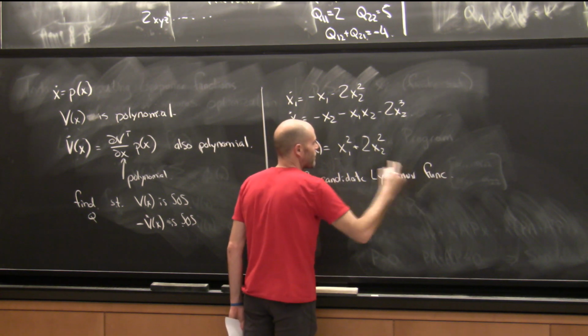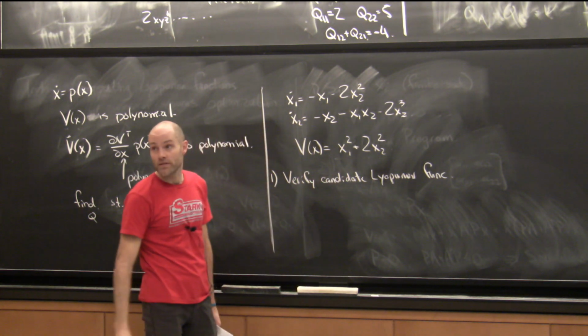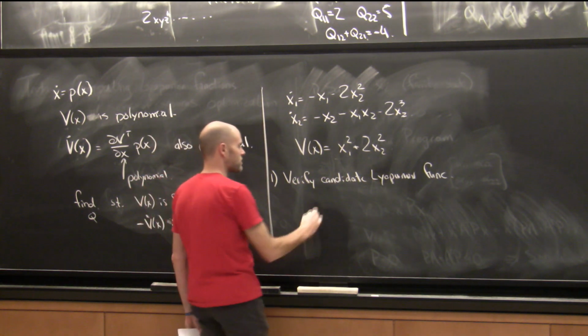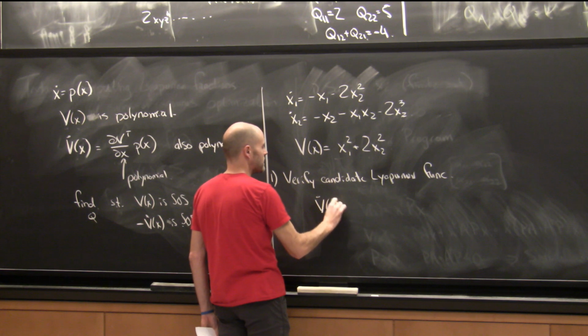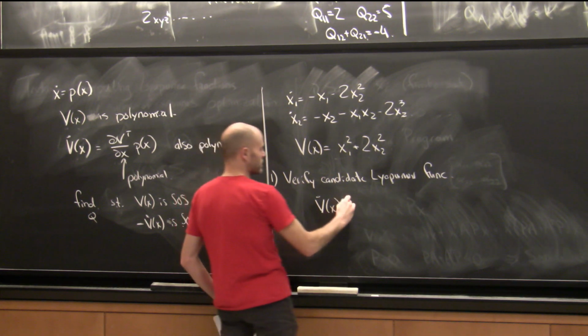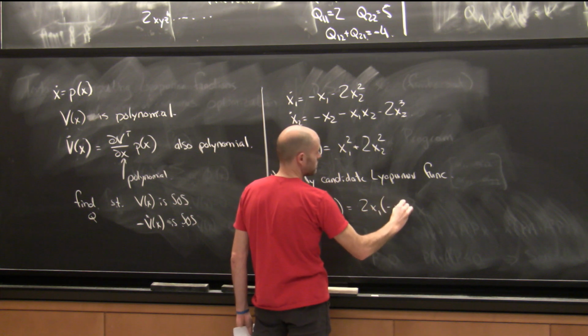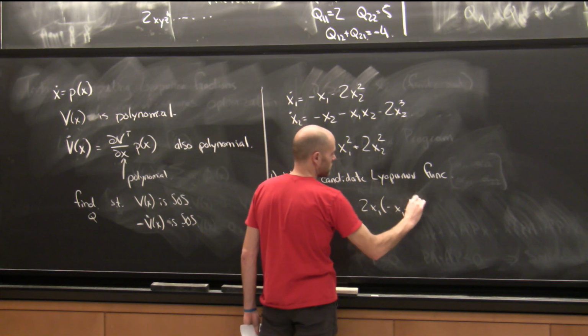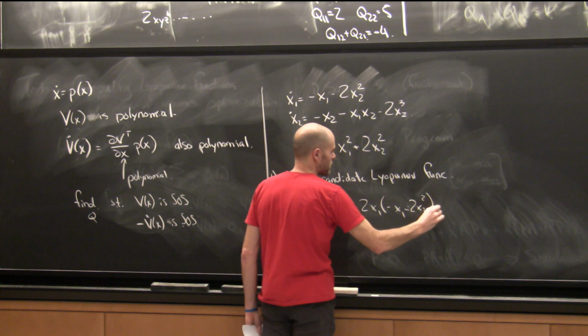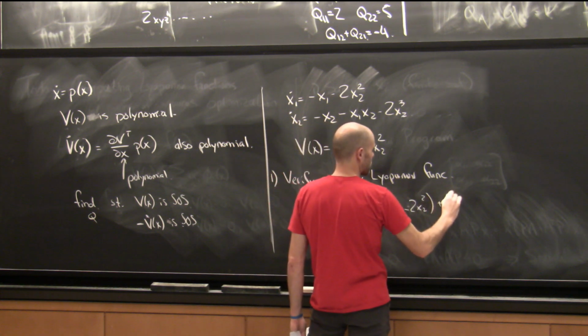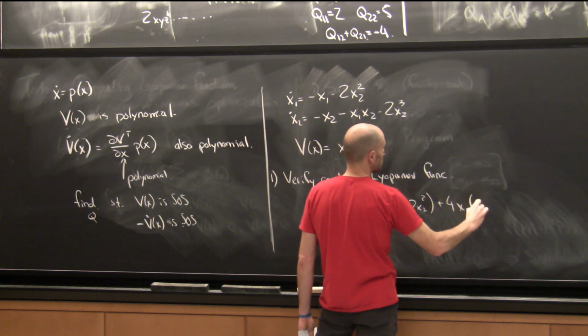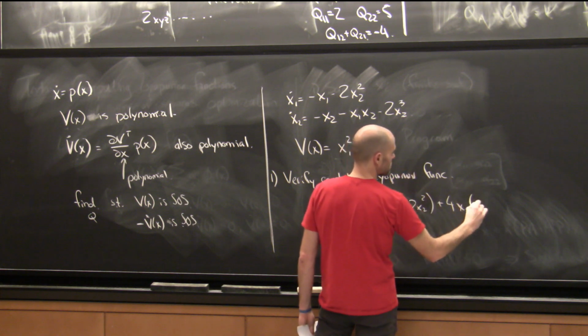In this case, that one is by inspection positive. So the work to do is to write this v dot of x, which is 2x1 times (1 minus x) minus 2x2 squared, right? It just works that out, 4x2 minus x.